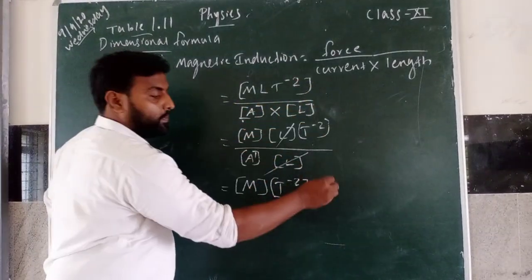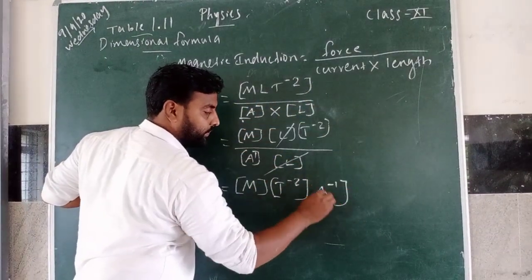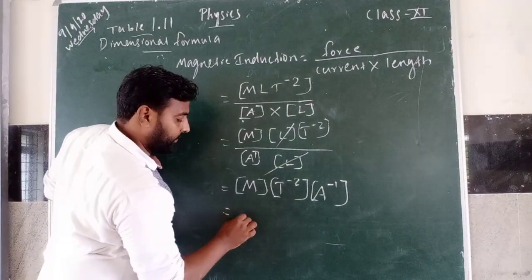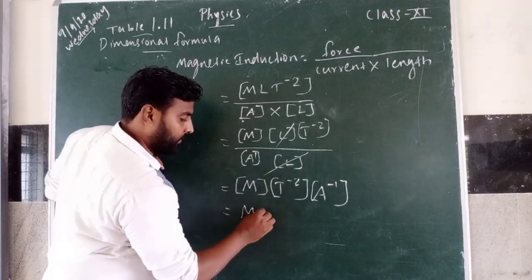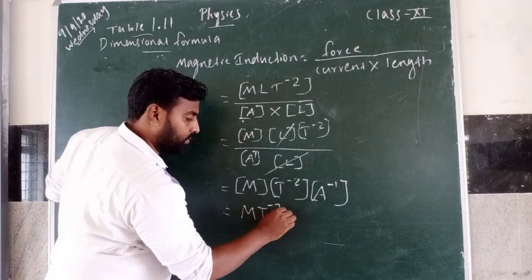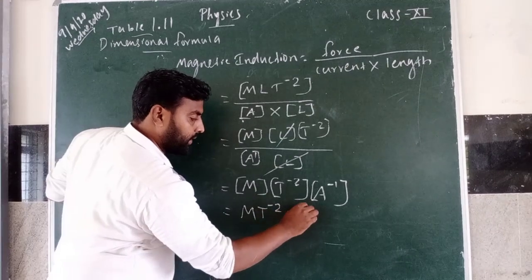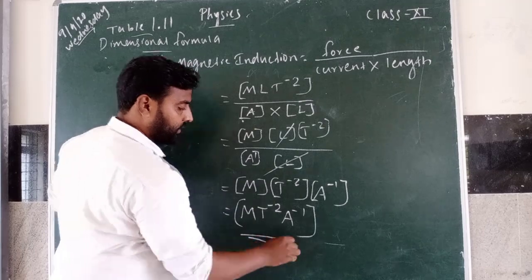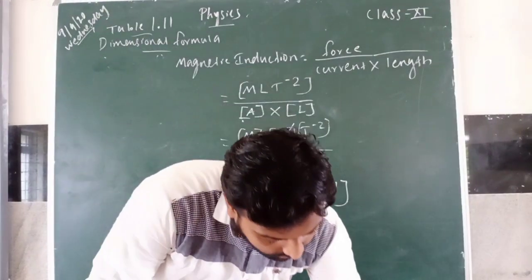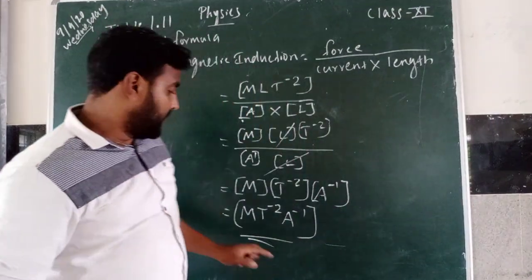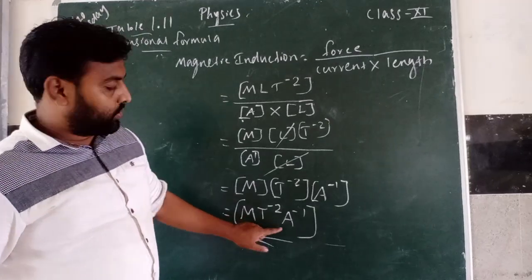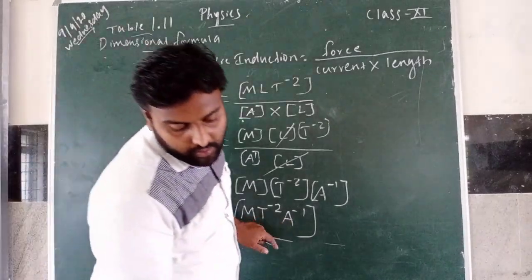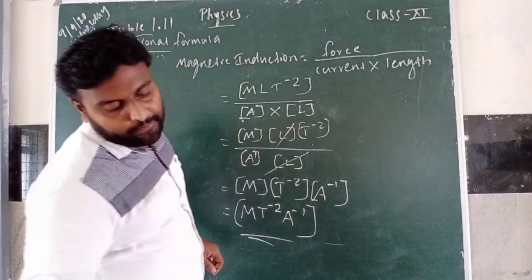When it comes up, A power minus 1. So M T power minus 2 A power minus 1. So the magnetic induction is M T power minus 2 A power minus 1. You can see that.